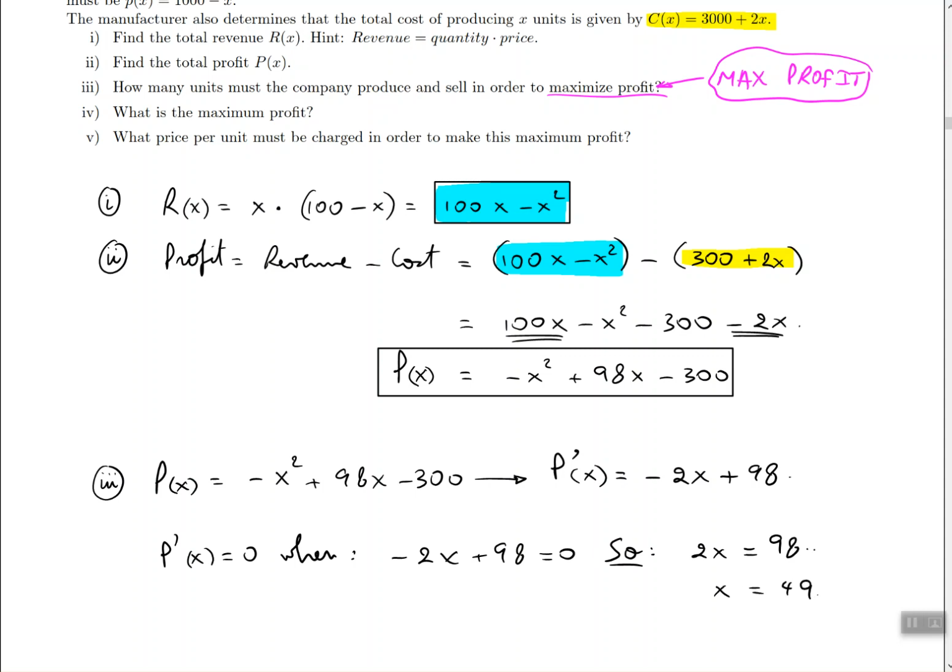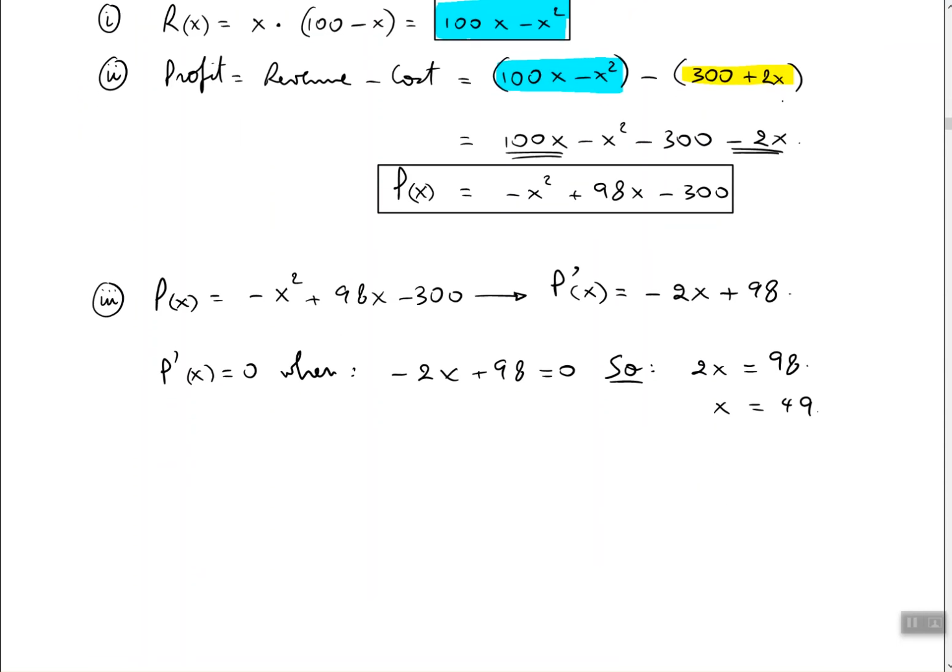Okay, so let's test out if this is actually going to be a maximum or a minimum. Okay, so the profit is going to be tested over here. 49 is the number. Now remember, you're making the stereo, so you can make, theoretically speaking, as many stereos as you want, but you cannot make less than 0 stereos. So 0 is the endpoint. 49 is the critical number that we got for this problem, and now the question is, is it going to be a maximum or a minimum?